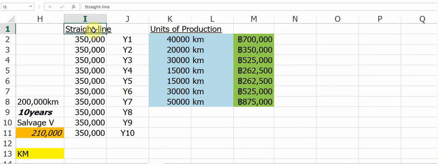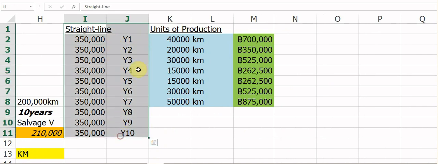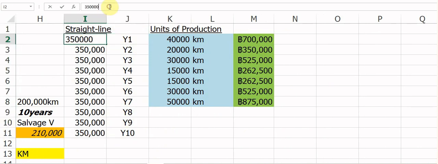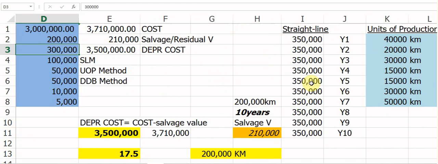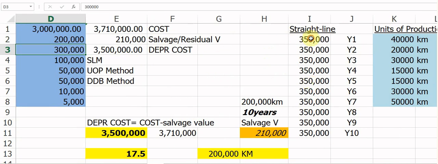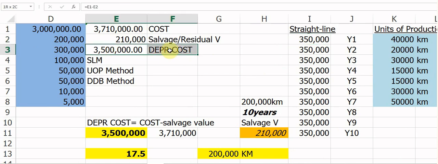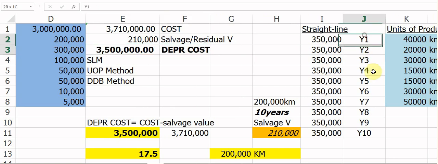That's the per year amount I depreciate out. So over here is my straight line method. For each year, my depreciation amount is $350,000. Again, I just took the total depreciable cost and divided it by the number of years, and in this example I used 10 years.